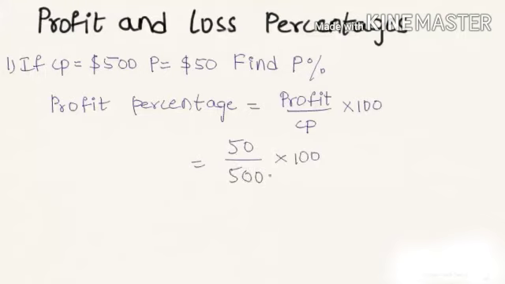So 50 by 500 into 100. So here by simplifying, 100 in 100 one time and in 500 5 times. Again we simplify over here, 5 in 5 one time and in 50 10 times. So here we get the profit percent is 10%.